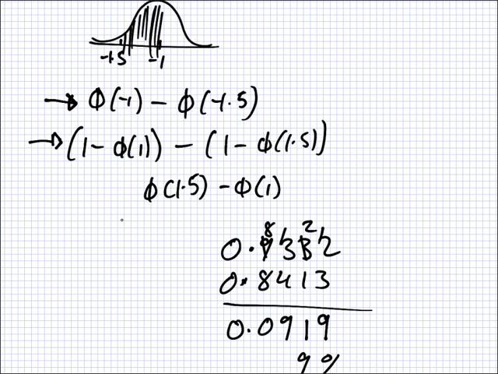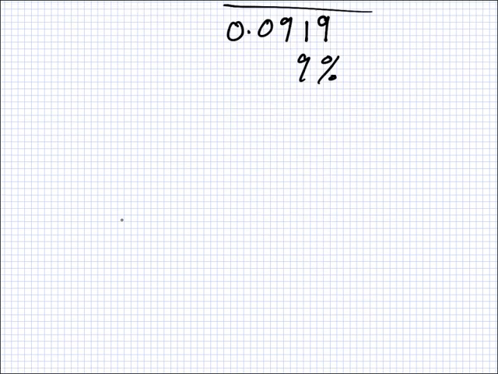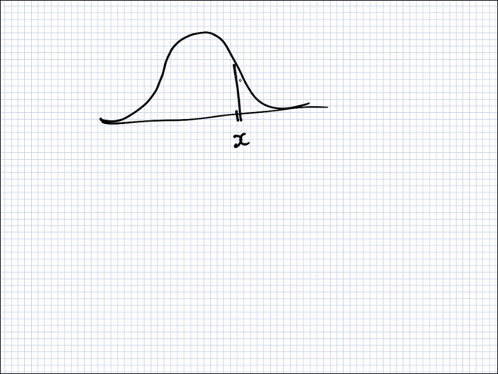Okay. Right, which one did you say next, Mohammed? 17? Okay, let's have a look at that. Z will be more than X 8.08% of the time. Find X. So what I'm saying is, there's some number here, which I call X, and your chances of being to the right of it is 0.0808.